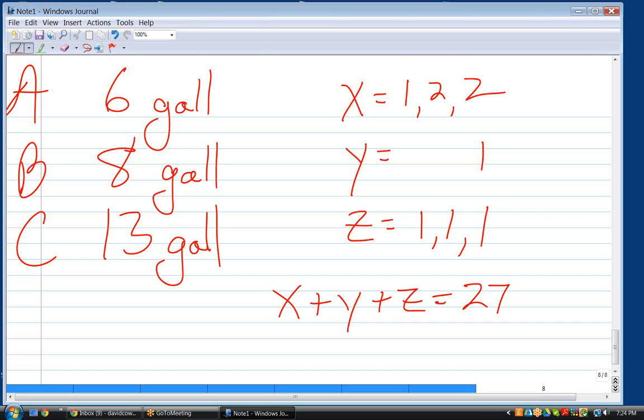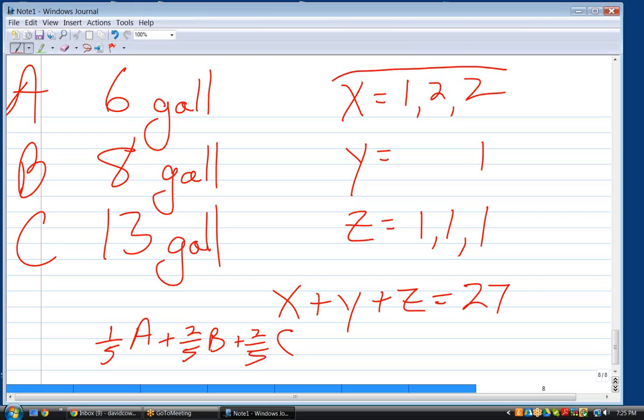X plus Y plus Z is 27. And X has 1/5 of A plus 2/5 of B plus 2/5 of C. So where did you come up with the fifths from?